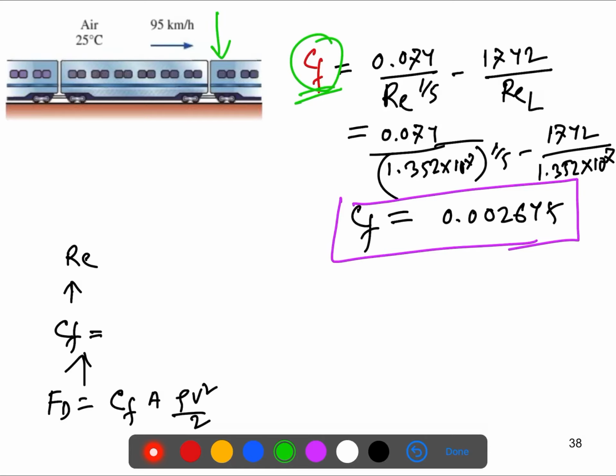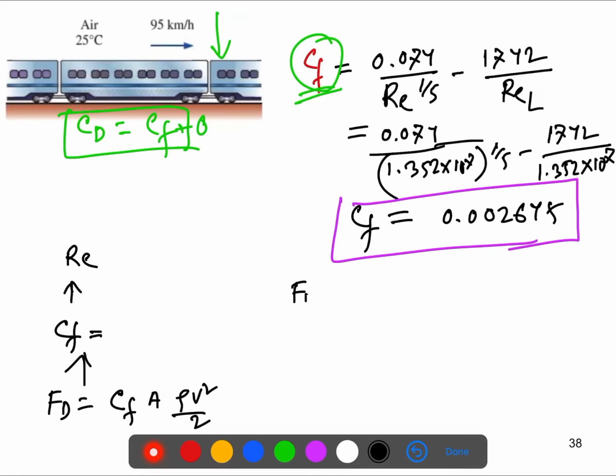So CD equals CF. The drag coefficient is just a combined effect of friction and pressure drag, but the pressure drag is 0. It's kind of a flat plate here.